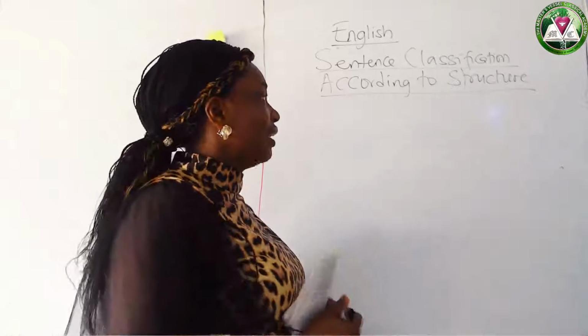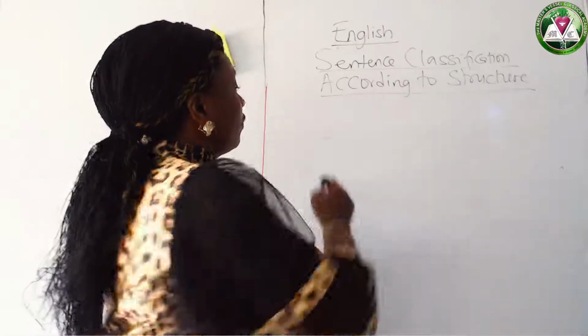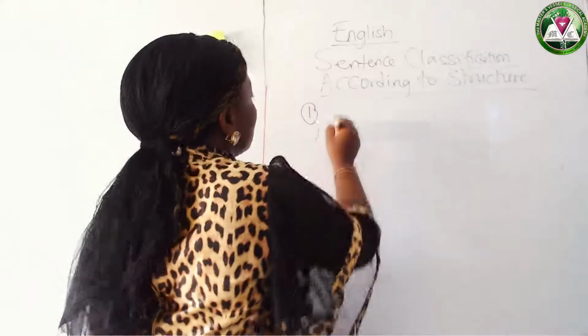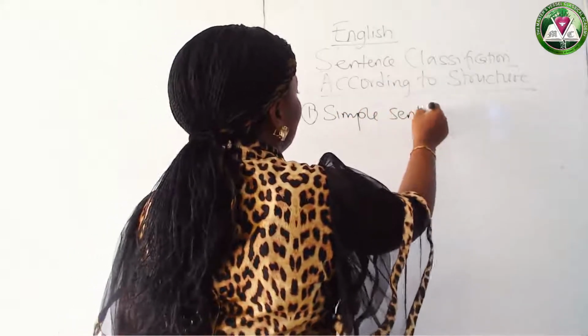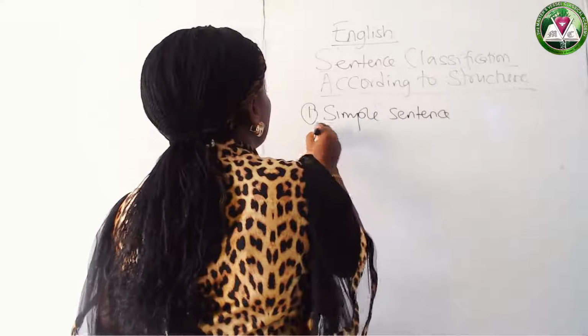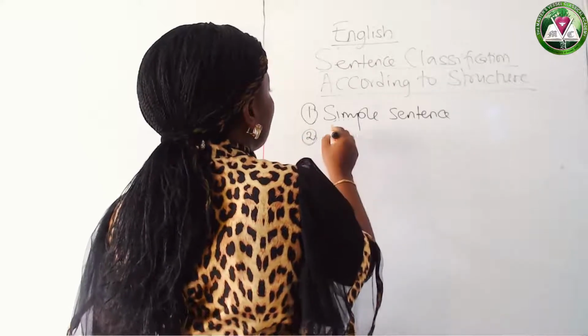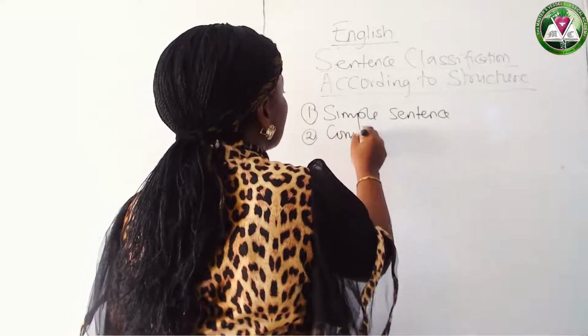Okay, like I said earlier, we have, number 1, the simple sentence. Number 2, we have compound sentence.